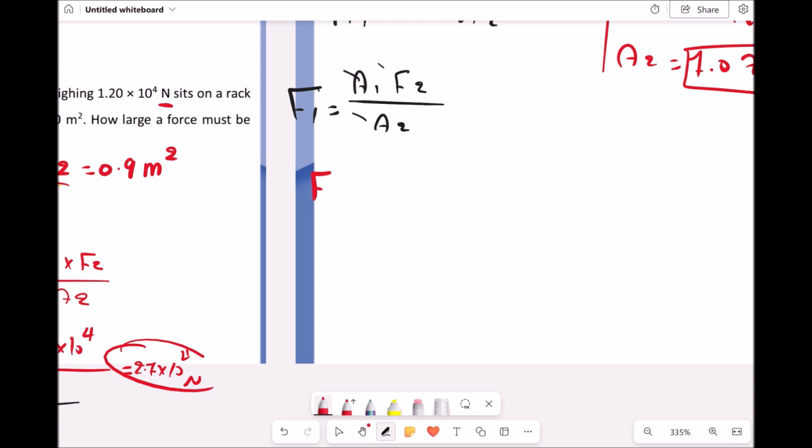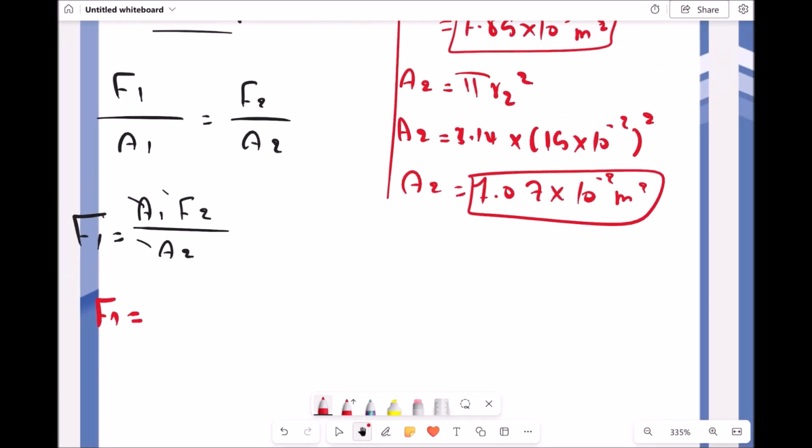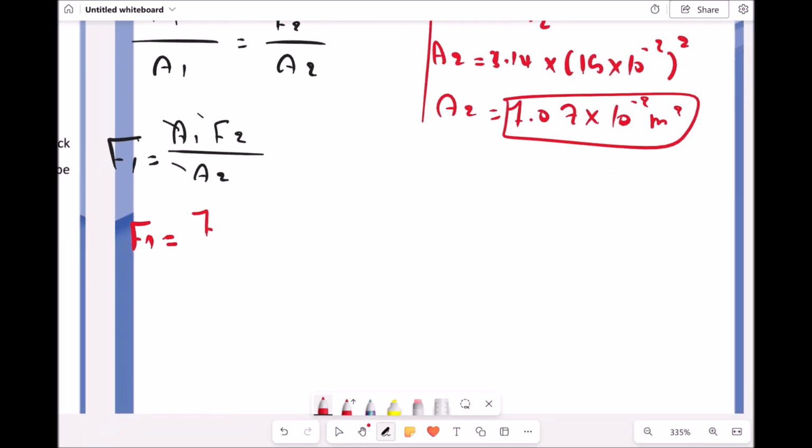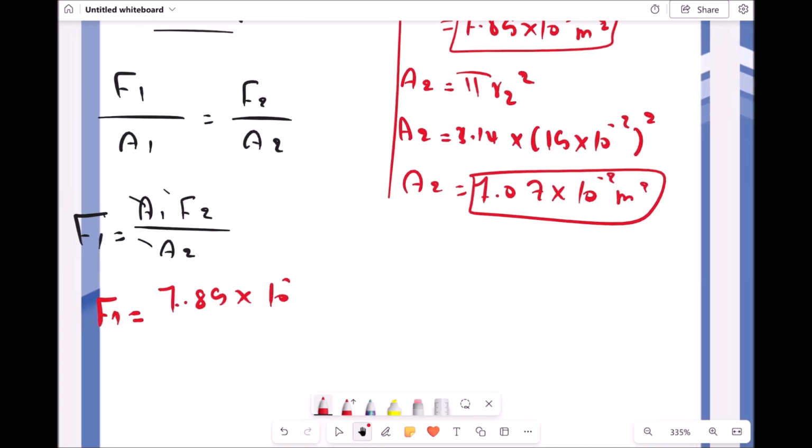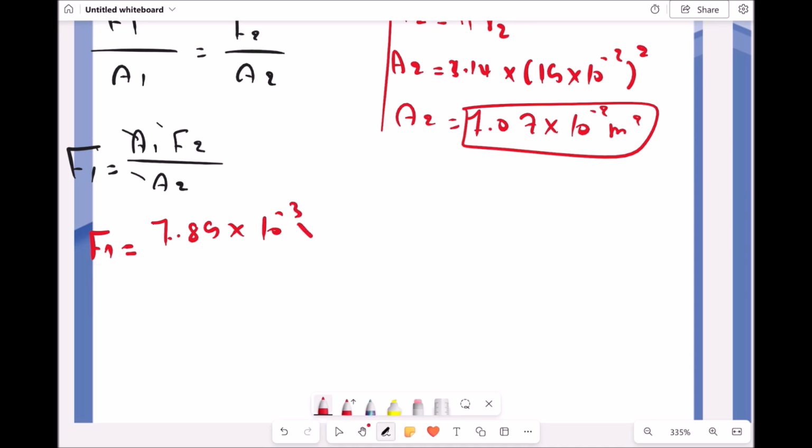So you have F1, which is equal to area 1, which is 7.85 times 10 to the power of minus 3, multiplied by F2. F2 is equal to 1.33 times 10 to the power of 4.